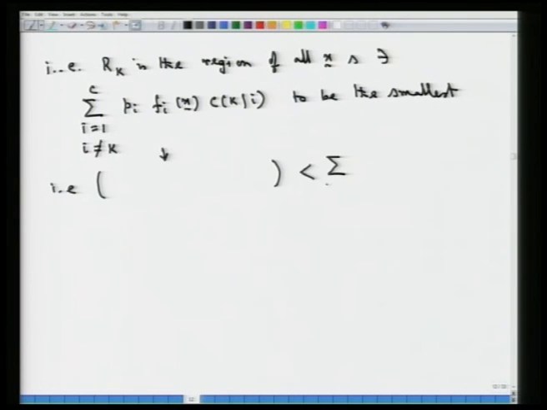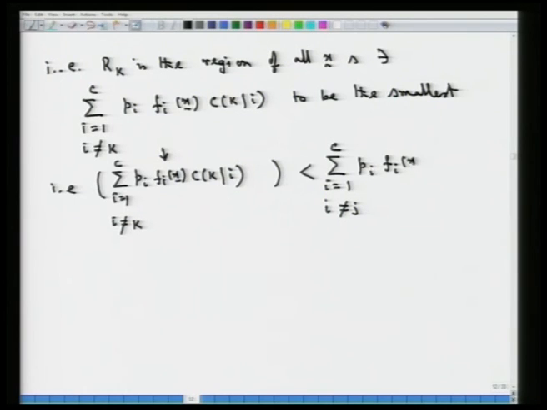So, that is summation i equal to 1 to up to c with i not equal to k of the expression pi f_i(x) c(k given i). This is the left hand side only. If that is less than summation over i equal to 1 to up to c, i not equal to j. So, you take out some other term in this sum here, and that would be pi f_i(x) c(j|i). This is for every j equal to 1 to up to c, and j is not equal to k.